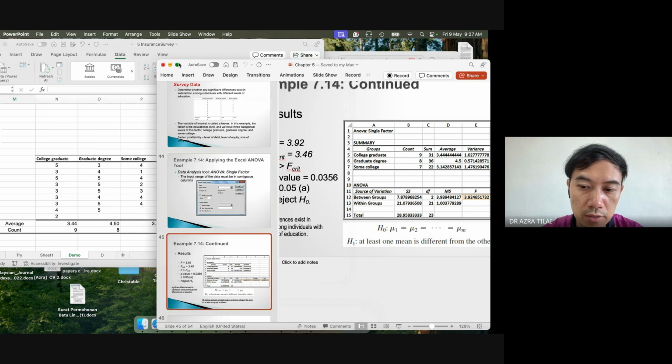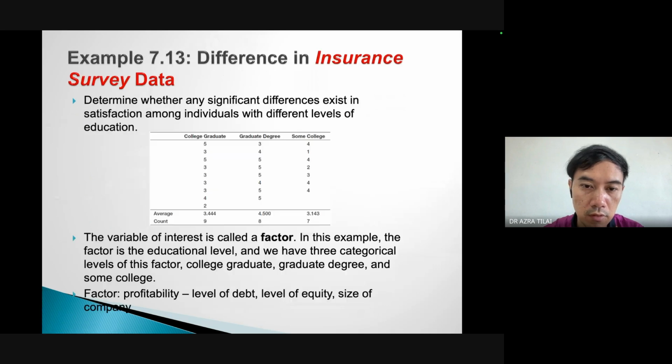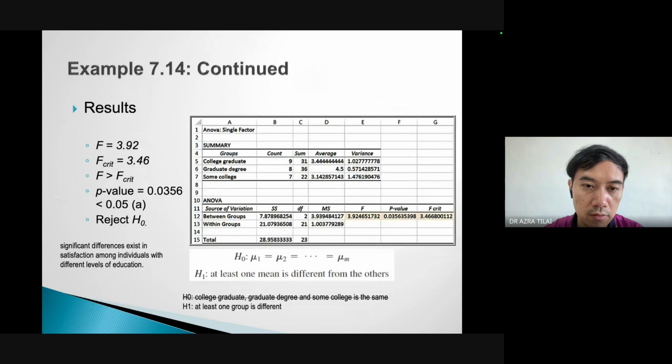When we look at the slide, the F value is about 3.92, and what we are interested in is the p-value. We use the 95% confidence level, so it's 0.05.